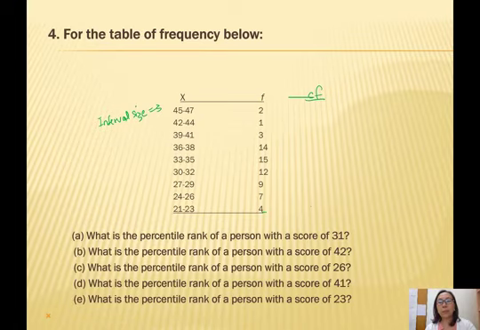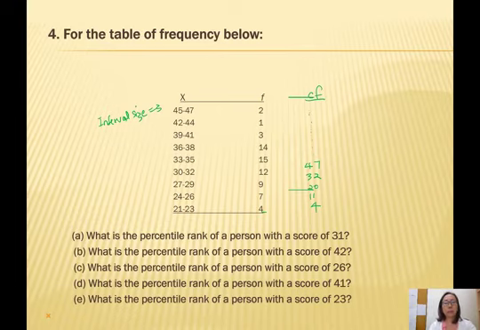The frequency column begins with 4, so I'm going to begin with 4 in the CF column. Adding 7 more to that makes it 11. Adding 9 more makes it 20. Adding 12 more makes it 32. And adding 15 more makes it 47. So you want to go all the way up.